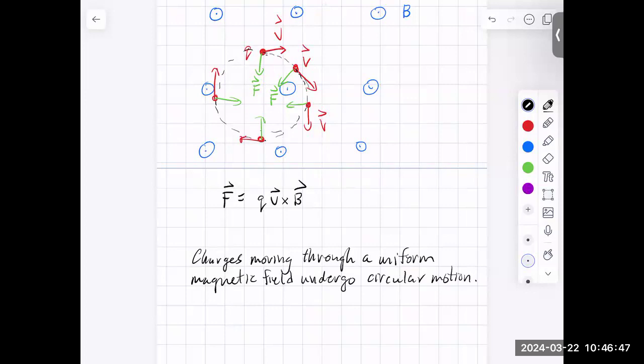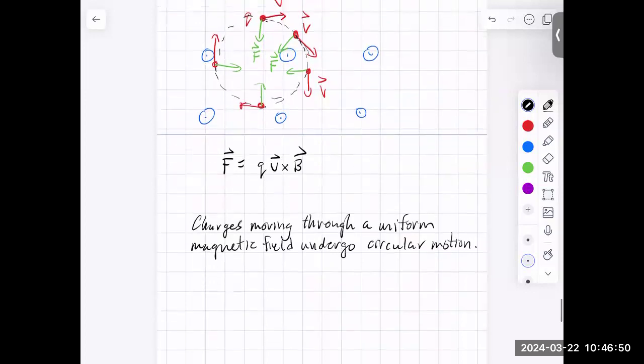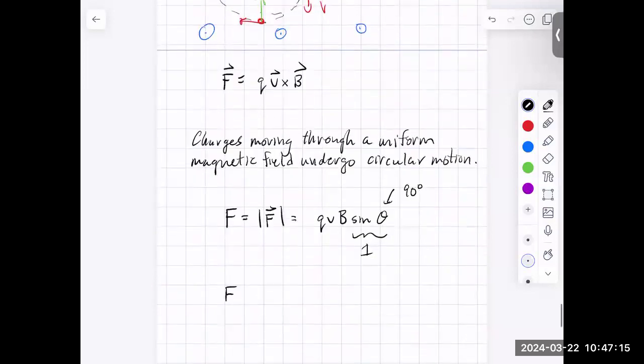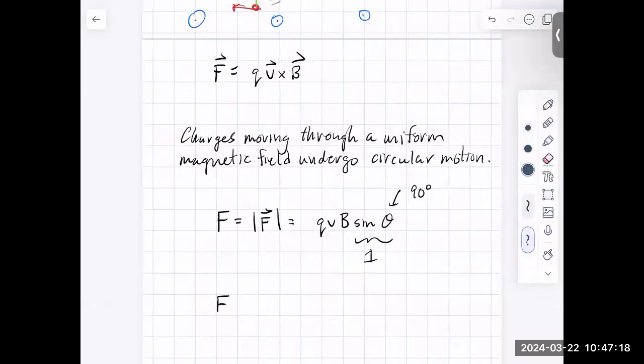All right, let's quickly write down the magnitude of the force. So the magnitude of the force would be equal to QVB sine theta, but theta is 90 degrees, so sine of theta is going to be 1. So therefore, the force is equal to QVB. And that must be equal to the mass times the acceleration.